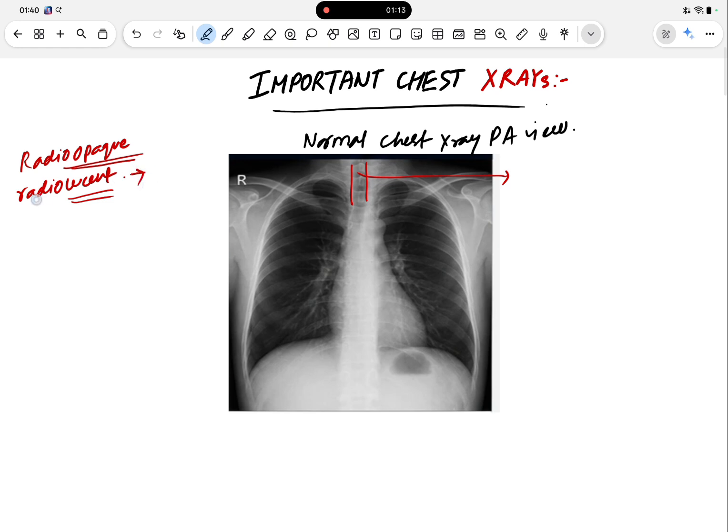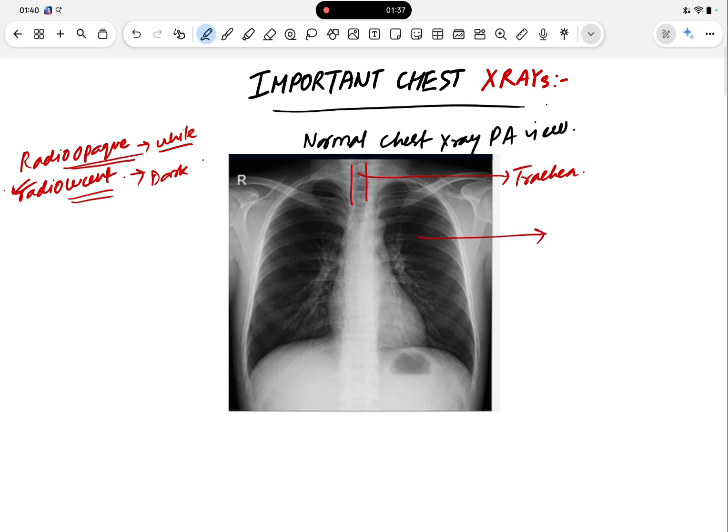While passing through air, it will be dark and the radio-opaque will be white. So the trachea appears radiolucent, that is dark, which means there is air in the trachea.